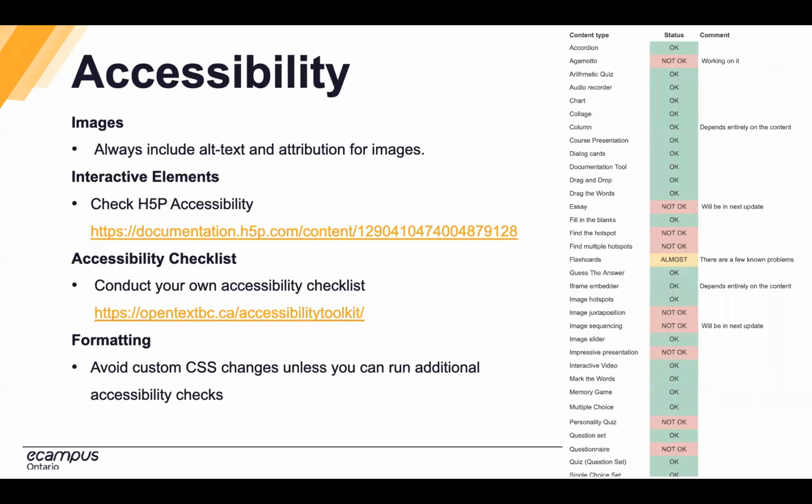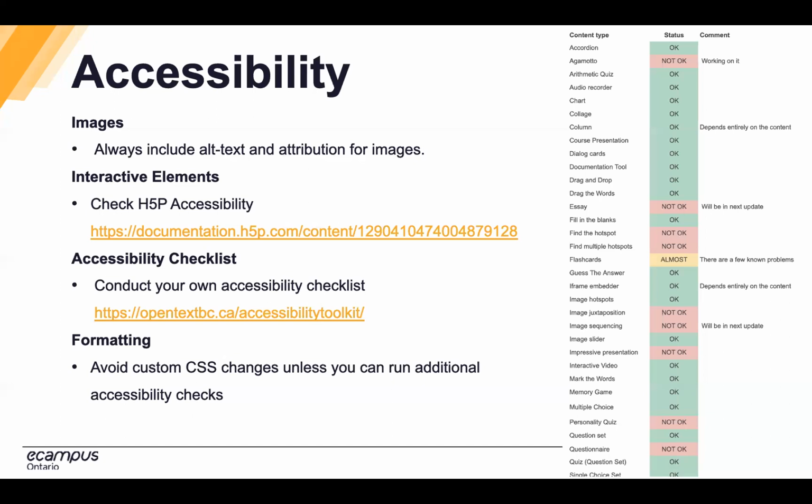So finally, it's important to consider accessibility. So Pressbooks is built to be accessible, and it has undergone significant accessibility audits. However, there are some things that rely on you. So for example, to make sure you're using proper heading tags and that you are always including alt text for any images or figures. Additionally, you should use accessible H5P content types and run accessibility checks on any custom changes that you make.